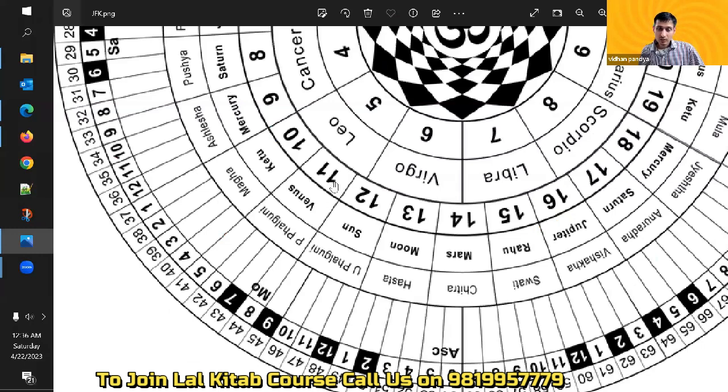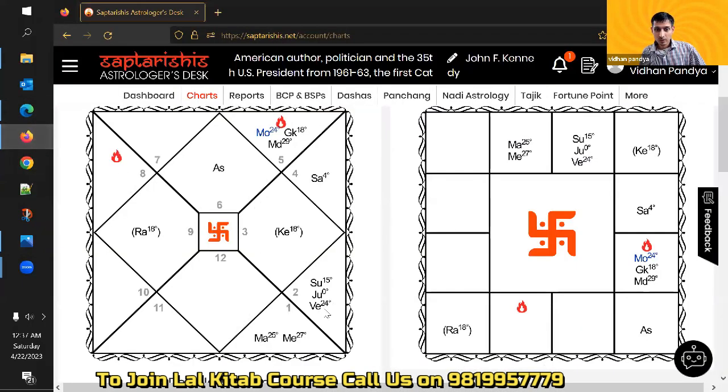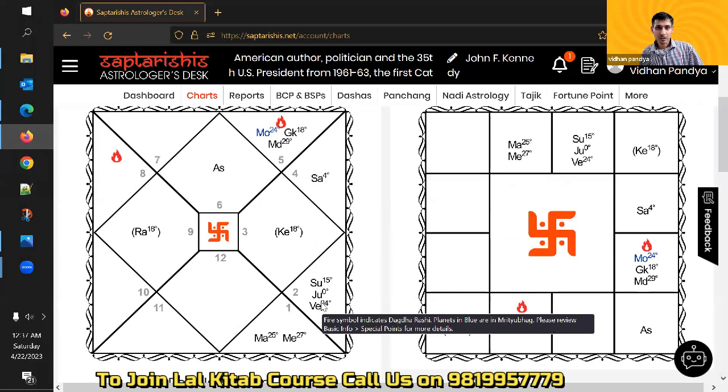So moon is in the Purva Falguni nakshatra, and lord of Purva Falguni is Venus. So here again Venus connection is happening. So again your 12th house, 9th house is all getting connected.